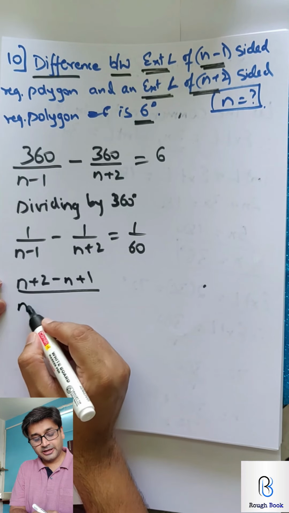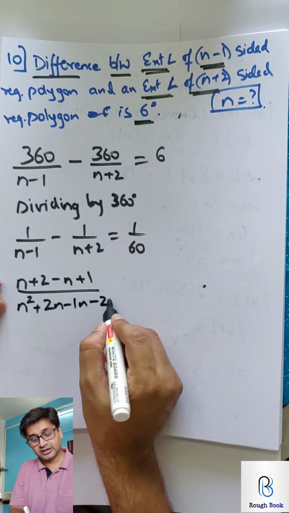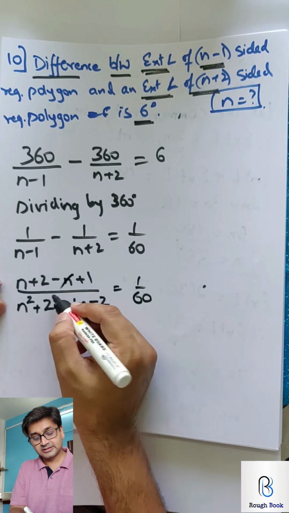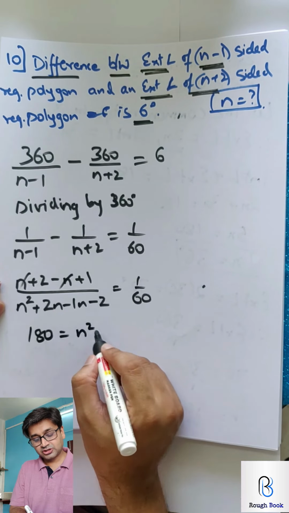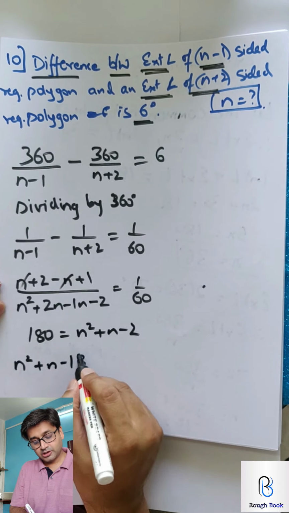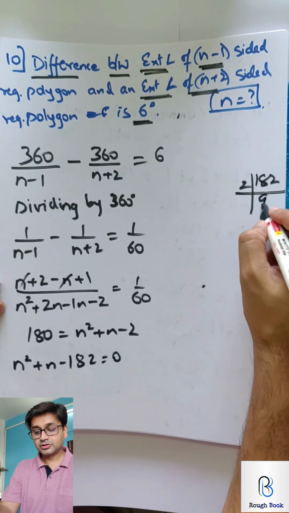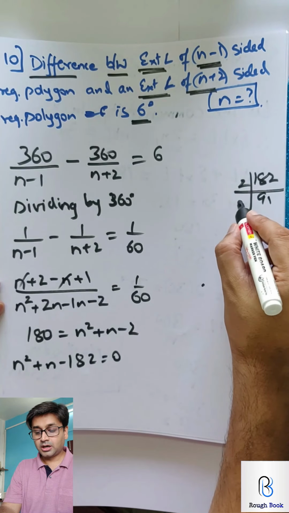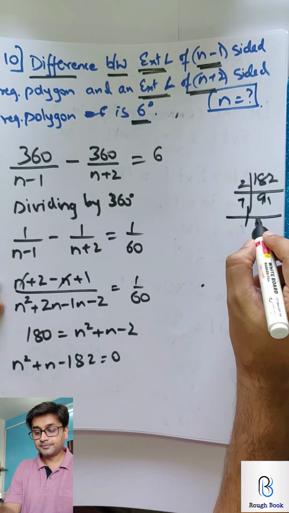Check it. Multiply. So n square minus 2n plus 2n minus 1 minus 2. 1 by 60 gets cancelled. So 3 into 60, so 180. n square plus n minus 2. So I get a quadratic equation. You'll have to take factors of 182. So 2, 91. 91 will be 7 into 13.